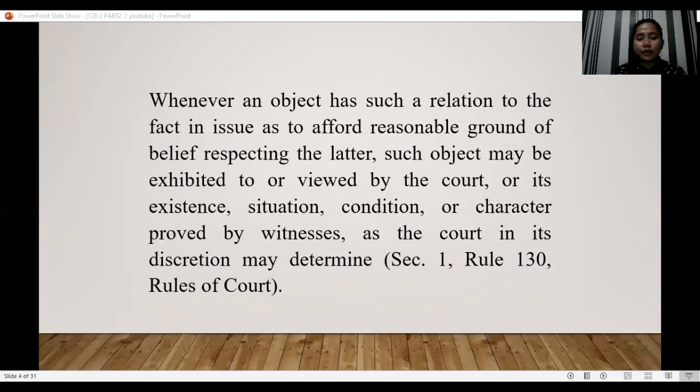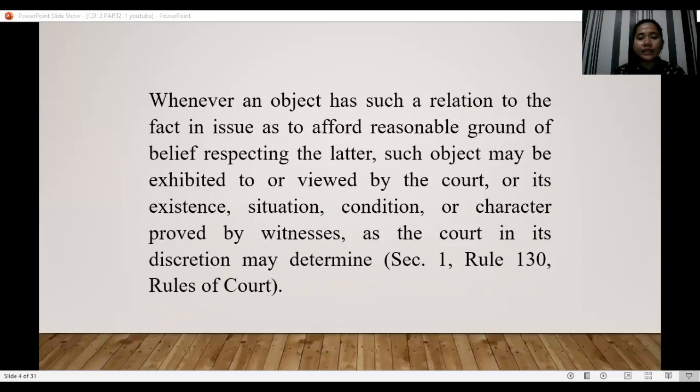For example, the court may require the physicians to present the skeleton of the victim of a criminal act, exhumed and examined, for the judge to see the presence and degree of the antemortem fracture.